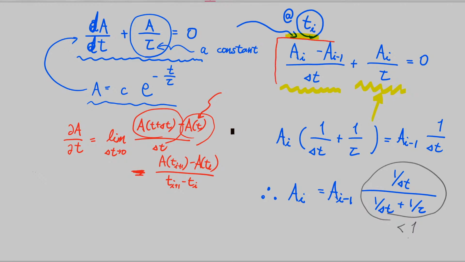When we have this form, we are now taking the difference between a sub i and a sub i minus 1. Yes, that is possible, because t sub i and t sub i minus 1 are assumed to be close enough, so taking this can be an approximation for our time derivative.